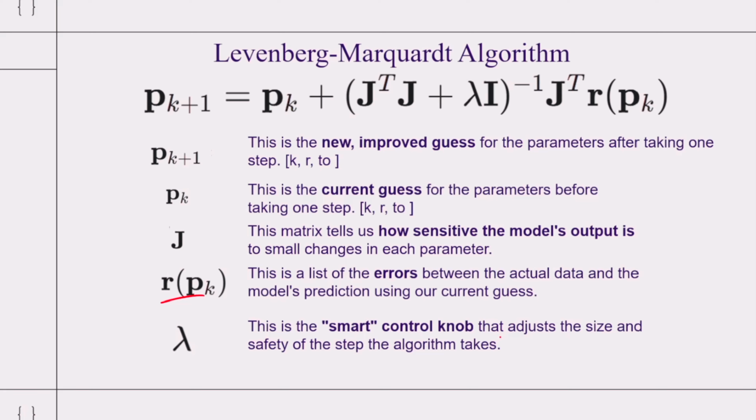And lambda is the damping parameter that makes our algorithm so much more effective. So this algorithm uses all this information to get closer to our best answer with every step. To make sure this works very well, we need to follow 3 steps. Let's go.